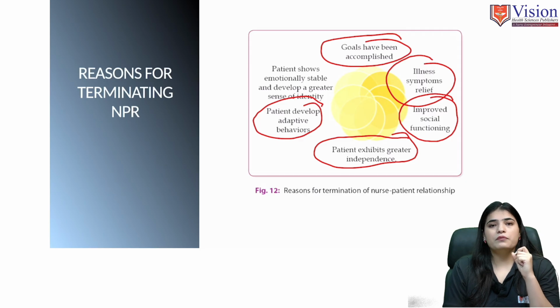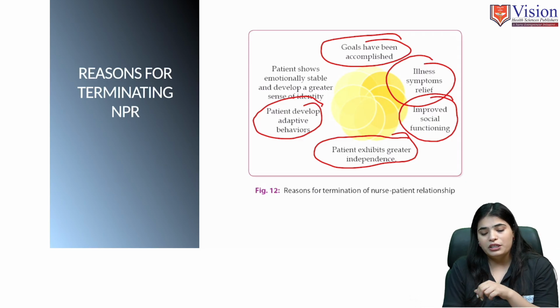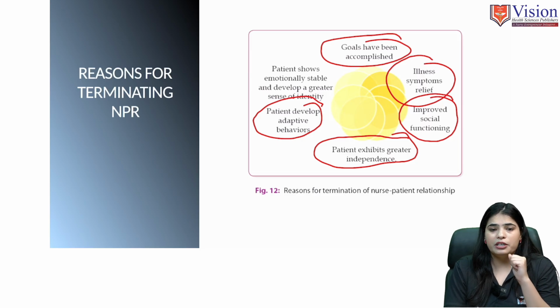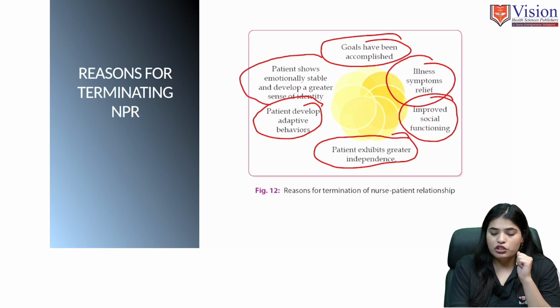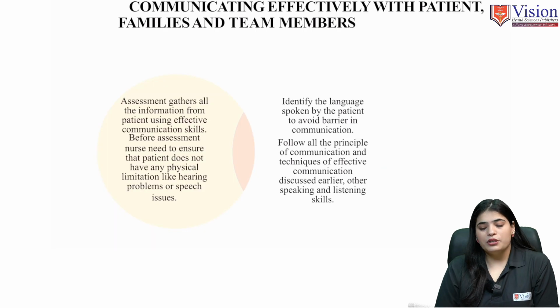The patient develops adaptive behaviors. We have changed the maladaptive behaviors to adaptive behaviors, and after that we can terminate the NPR. The patient shows emotional stability and develops a greater sense of identity, and this is also a reason to terminate the nurse-patient relationship.